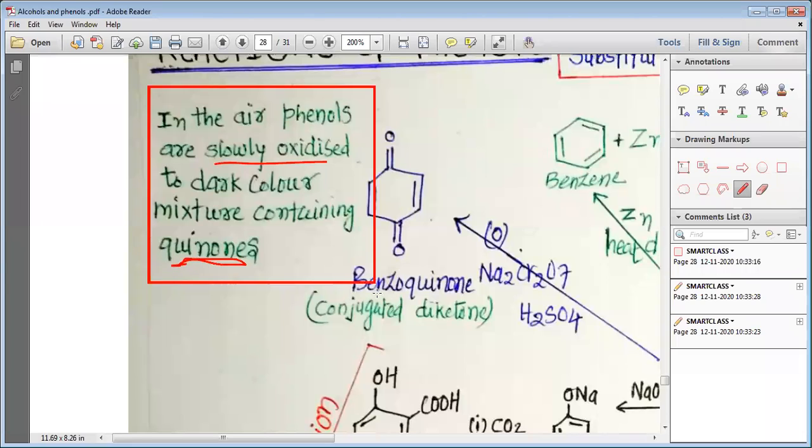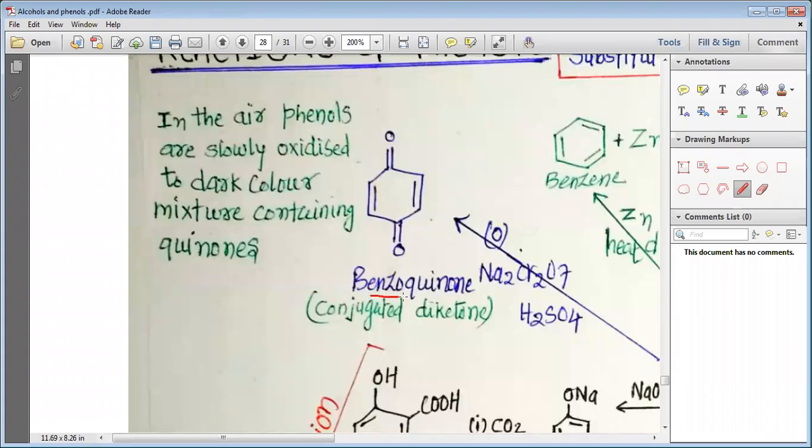Here we have seen only benzoquinone, but there are a few more quinones which are possible, and when phenol is kept open in the air, it gives a dark colored mixture of various quinones. This is how, my dear students, we understand the oxidation of phenol.